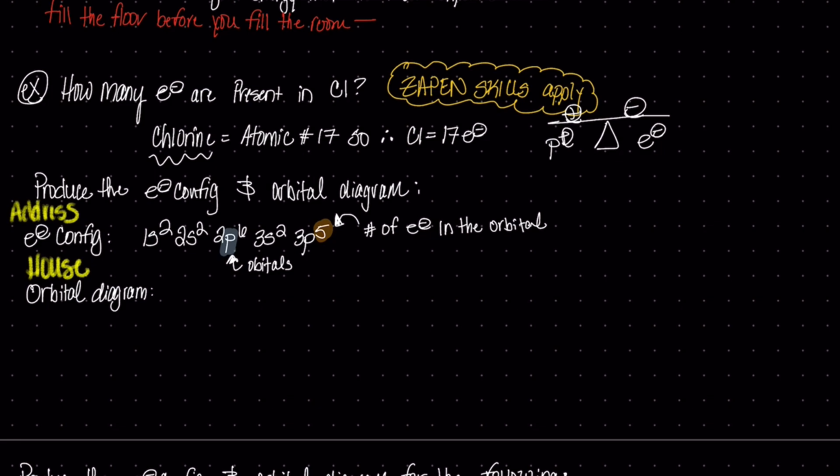And the big numbers, the 1 in 1s, these are our principal energy levels. So we can see the highest principal energy level is that 3p5, that outermost shell.